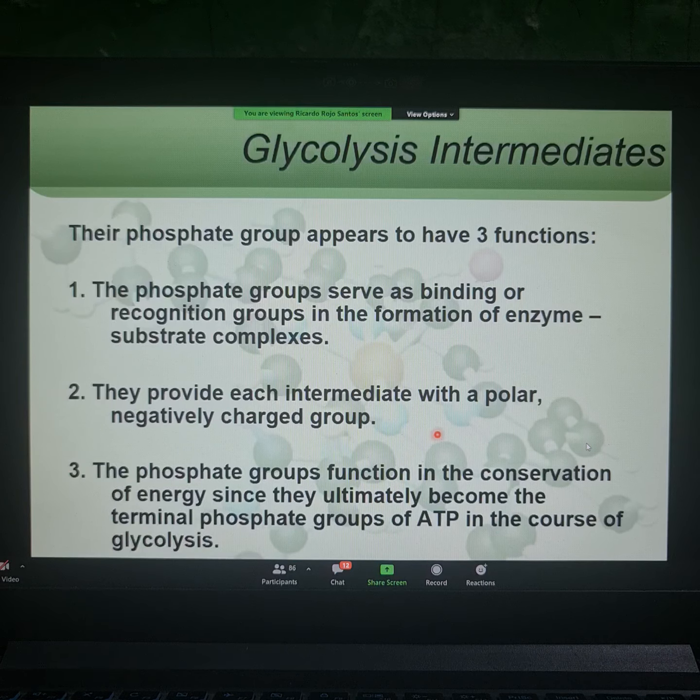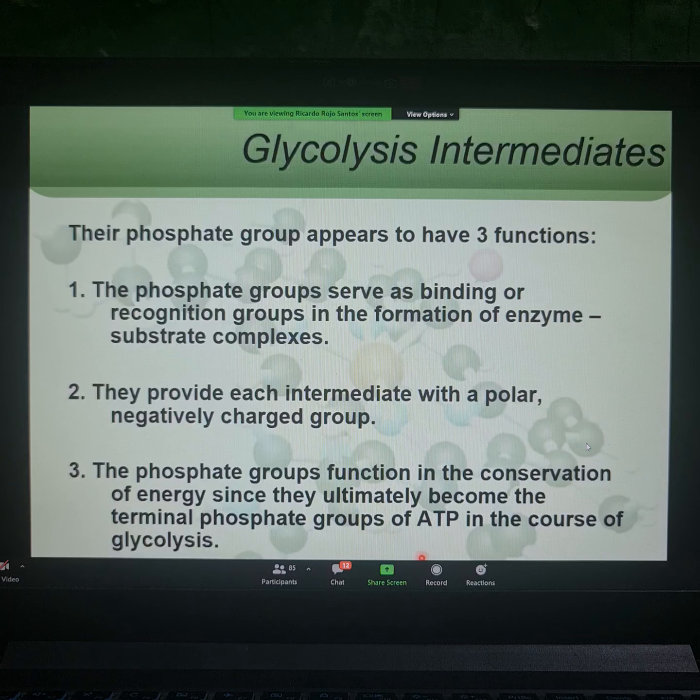Okay? And third, the phosphate groups function in the conservation of energy, simply because this phosphate group becomes usually the third phosphate group in adenosine triphosphate. Okay?